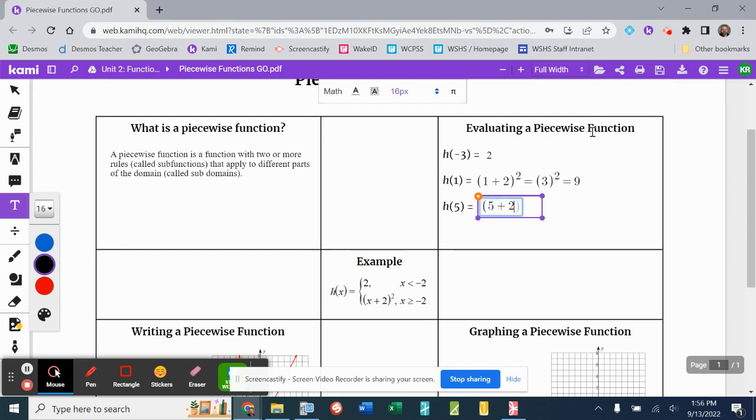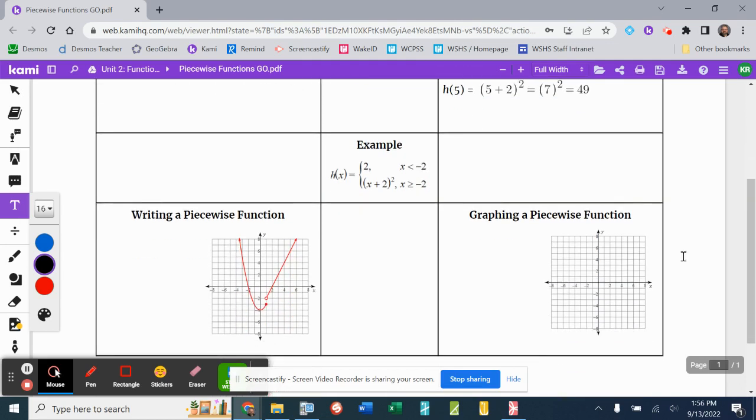So I have (5 + 2) squared. 5 plus 2 is 7, and 7 squared is equal to 49. And so that's how we evaluate a piecewise function.